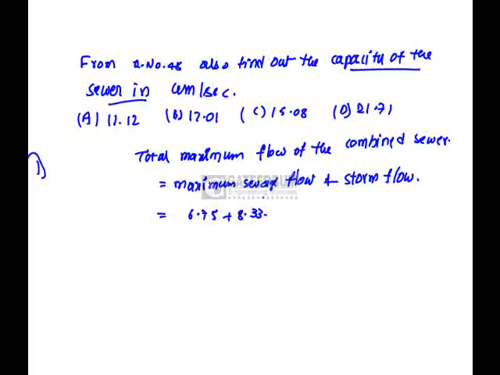Because we have already calculated the storm flow in the previous question, we are directly taking it. So that is equal to 15.08 cubic meters per second. Therefore, capacity of this sewer is going to be 15.08. Therefore, option C is correct.